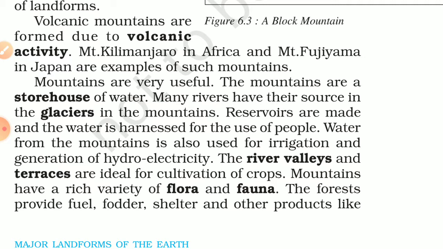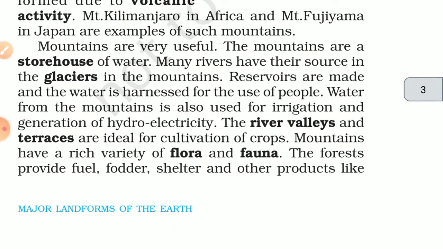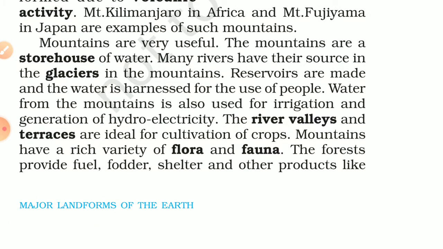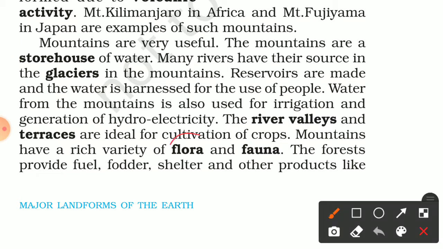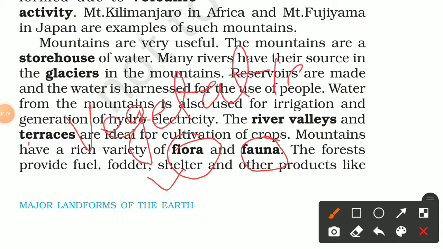The river valleys and terraces are ideal for the cultivation of crops, and mountains have a rich variety of flora and fauna. Flora and fauna are important. Flora means natural vegetation, where there are plants and many trees.